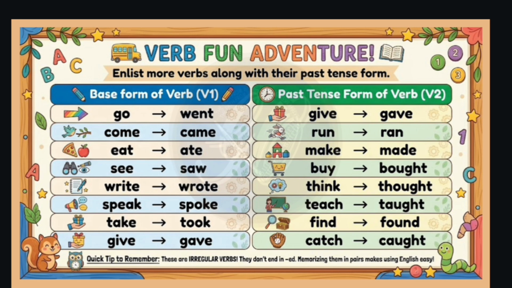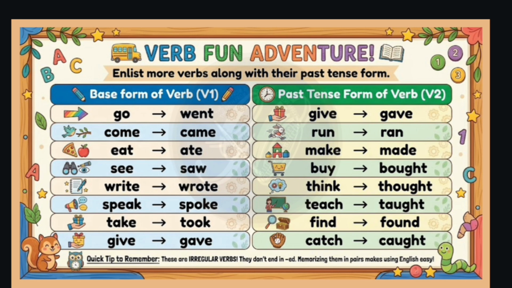So we are supposed to list more verbs along with their past tense forms. Here I have listed a number of words. You can go through these words, but you will notice one thing: while transforming the verb from the first form to the second form, we did not add ed. Instead, the entire word is changed.